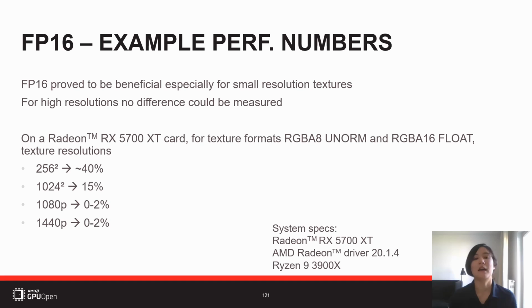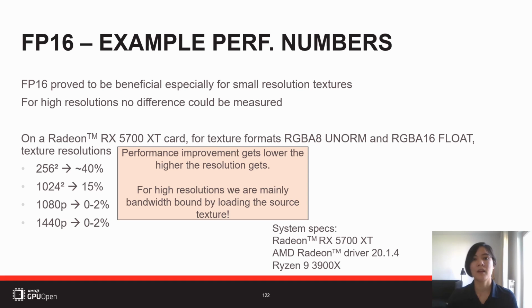Again, I did similar tests for this FP16 variant. So again, two formats, RGBA8 UNORM and RGBA16 float format, different resolutions, so really small ones here as well, 256 squared, and then up to the screen resolution of 1440p. And you see again, on low resolutions we see really high speedup.